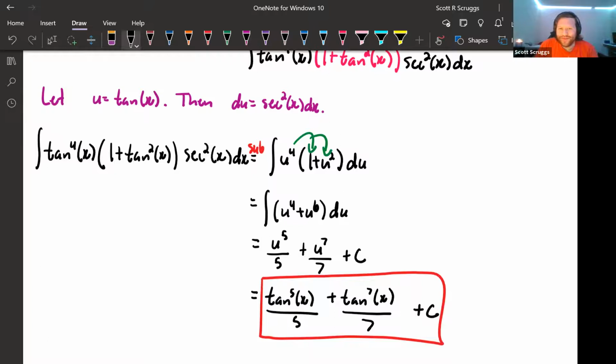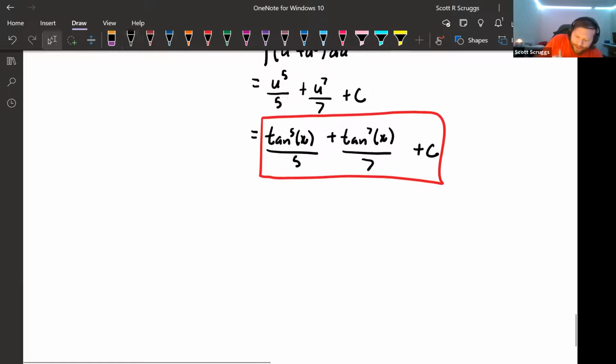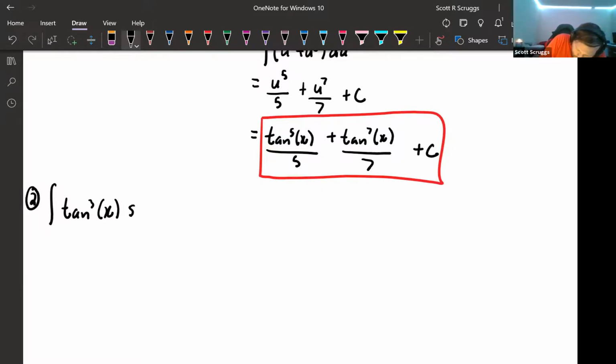All right. And now there's one more case that we have to work with. And again, I'm going to illustrate this with an example. And here's going to be the example. So let's say I want to integrate this.